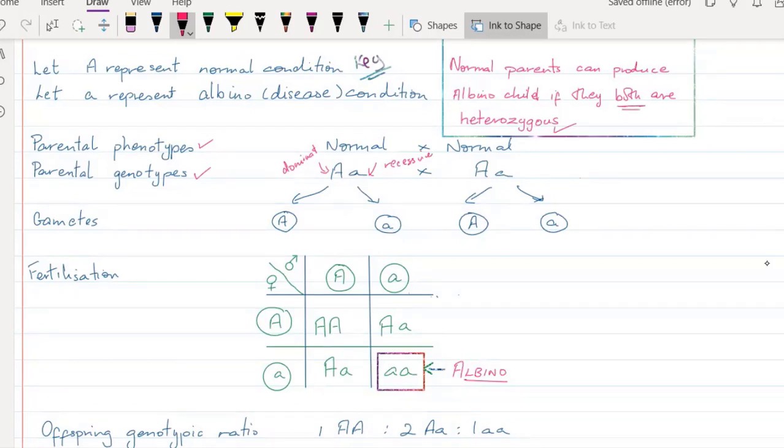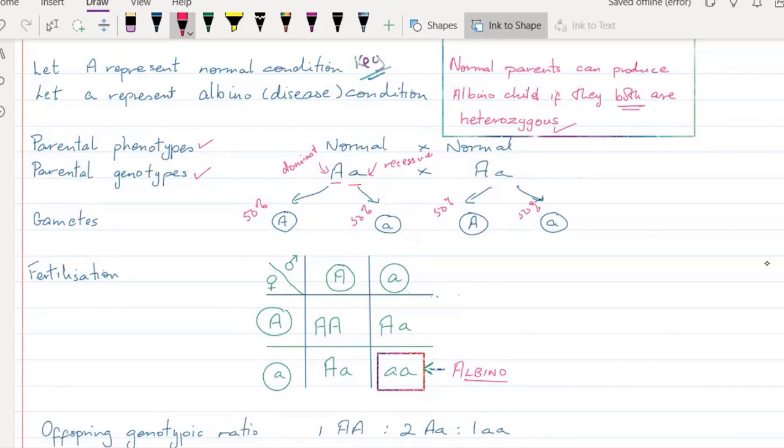And then the next step would be to indicate the gametes. For every genotype, each allele will go into a different gamete. So 50% of your gametes would have the dominant version, and 50% will have your recessive version. Same here, 50%, 50%.